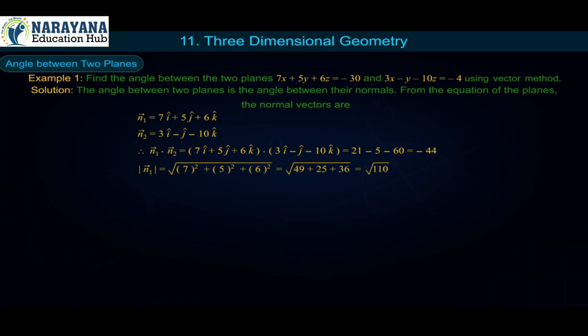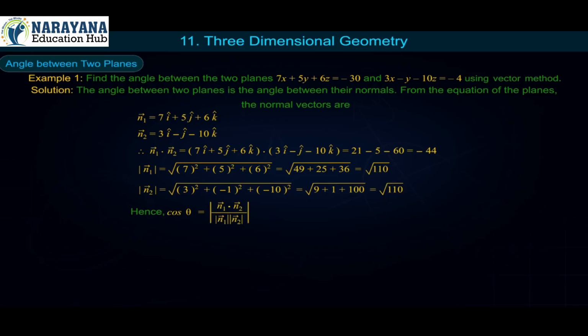Modulus of vector n1 = square root of 7 square + 5 square + 6 square = square root of 49 + 25 + 36 = square root of 110. Modulus of vector n2 = square root of 3 square + (-1) square + (-10) square = square root of 9 + 1 + 100 = square root of 110.